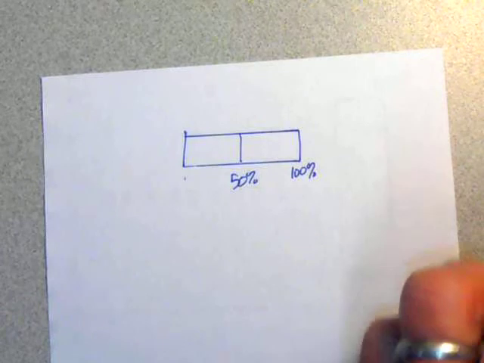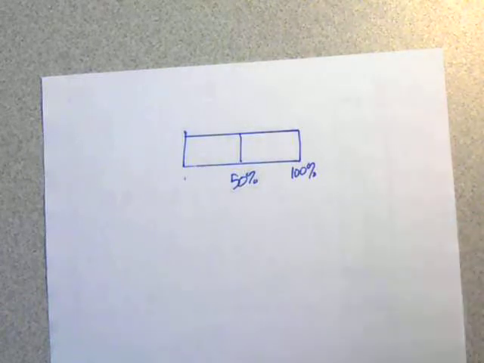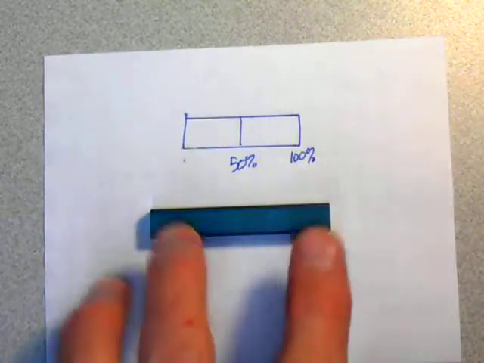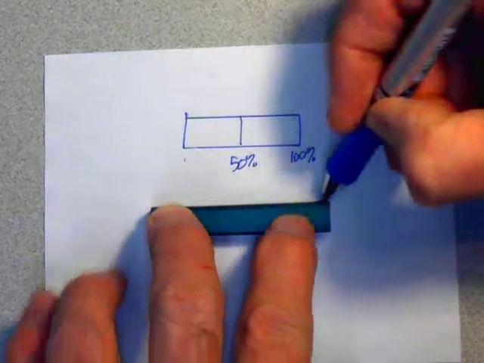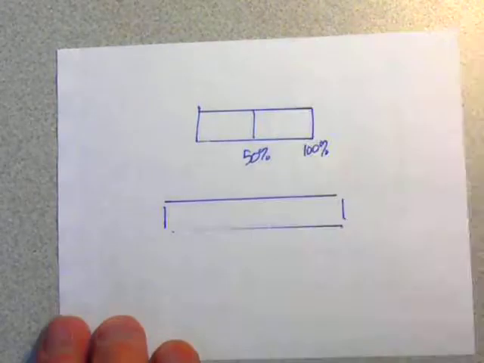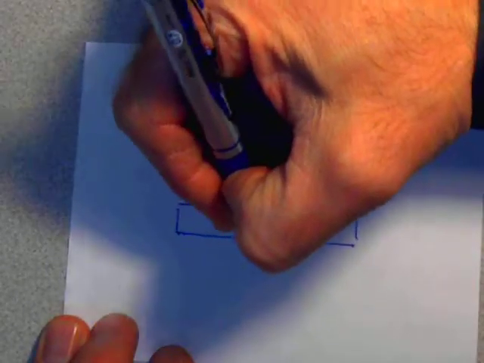Now, I can also do that with others. For example, I could take the dark green, which is a little different size. I can trace around that, and that will give me my whole.